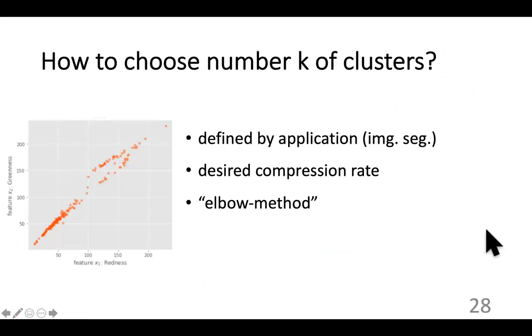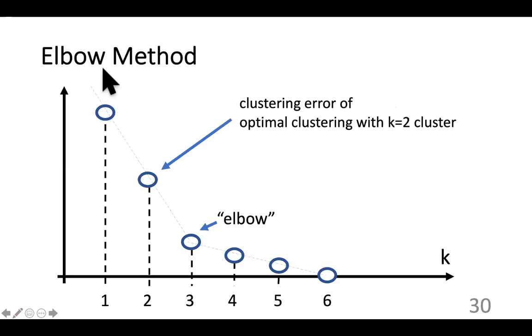So what you can do is, again, try out different values for k and then look at the behavior of the soft clustering error. Typically, when you start with a small number of clusters, you get a fast decrease in the soft clustering error, and at some point it flattens out.